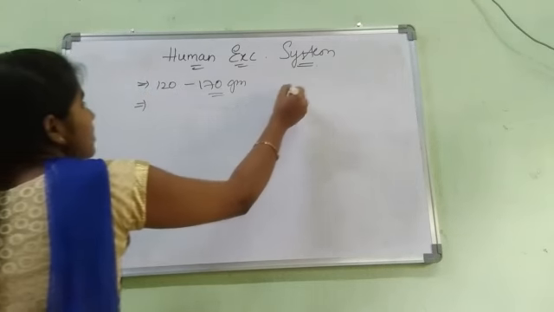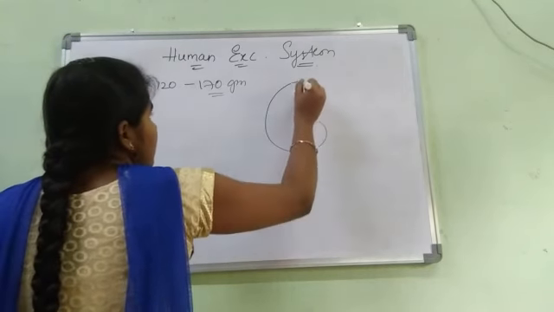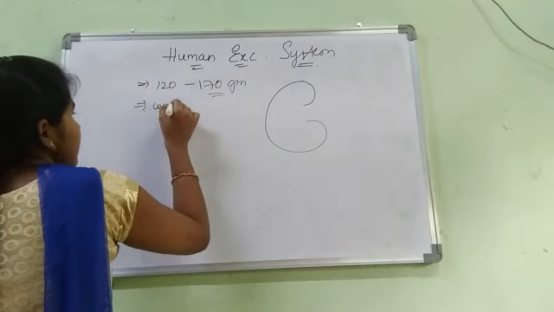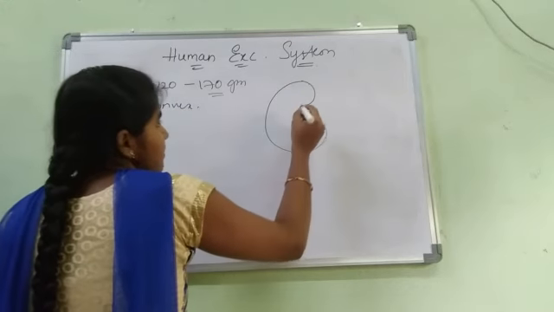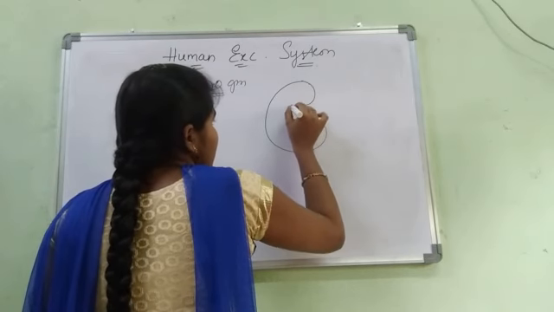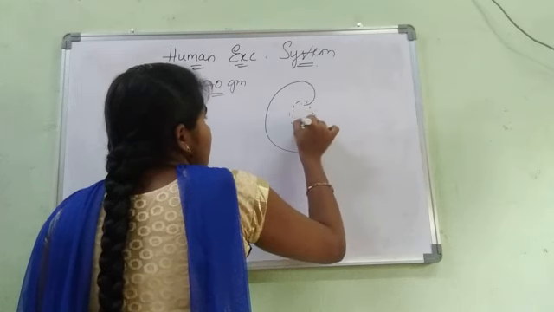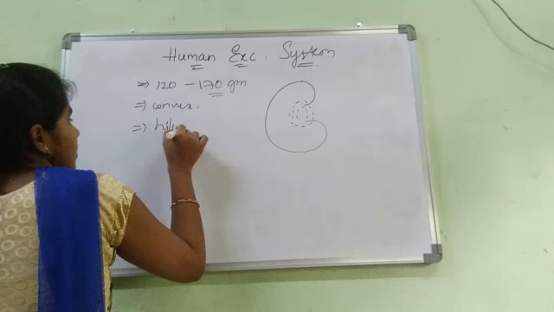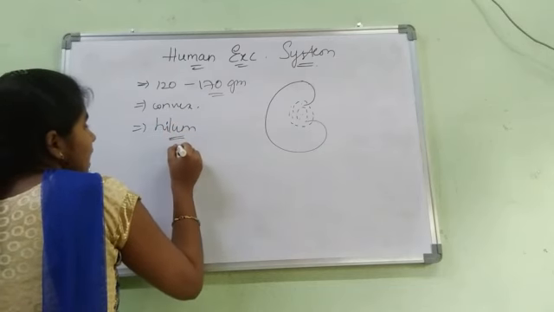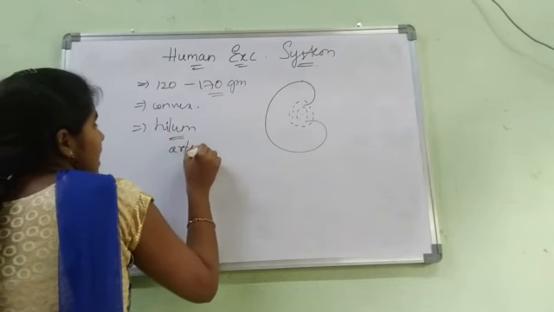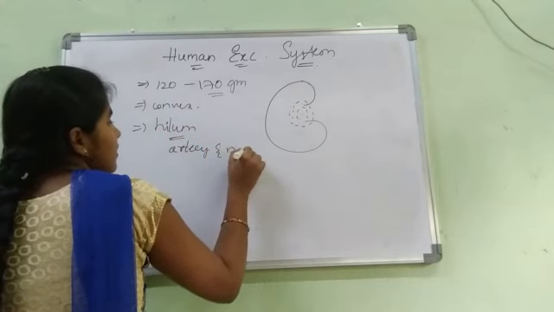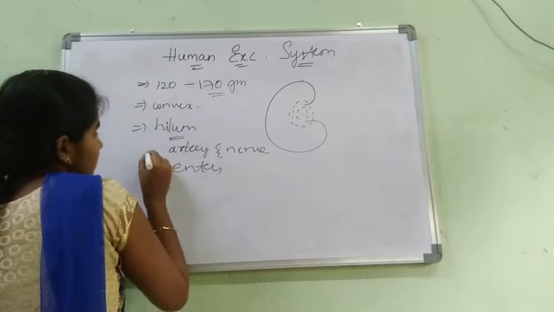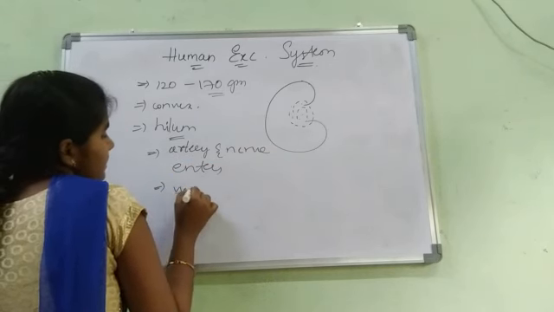Now the outer surface of the kidney is convex, and the inner surface of the kidney has a deep notch here. Hence it is called a hilum, where arteries and nerves enter, whereas veins leave.